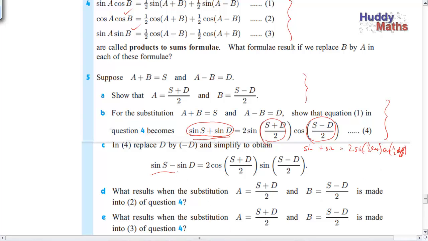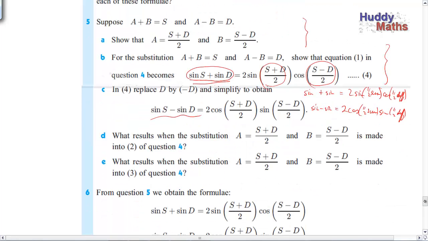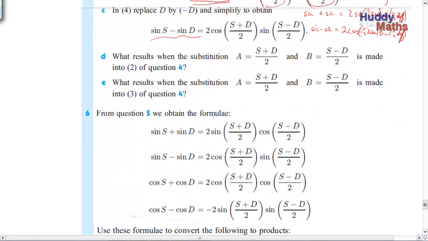And then sine minus sine is 2 times cos half the sum, sine half the difference. So they are fairly complicated, aren't they? And if you just finish off here as an introduction to these, you do more of these later on in maths, you can also do cos plus cos, cos minus cos.